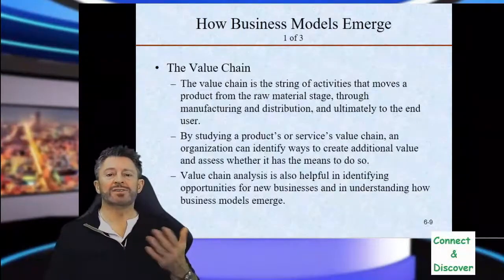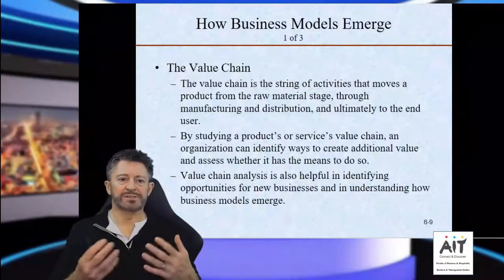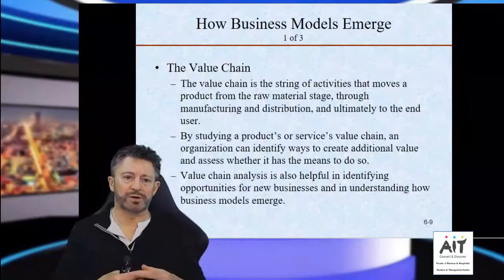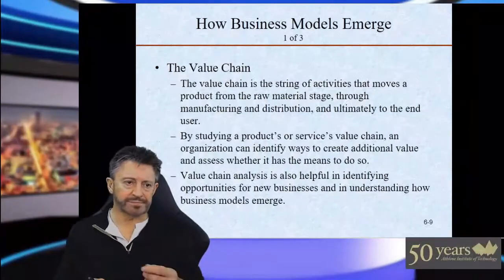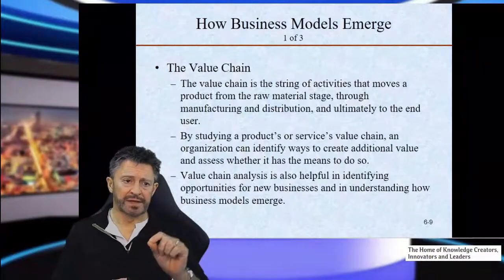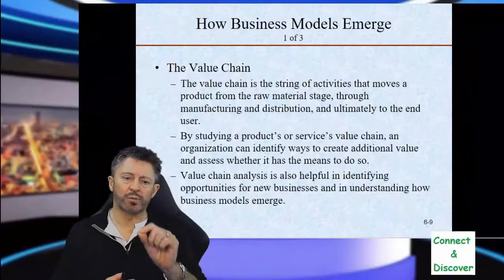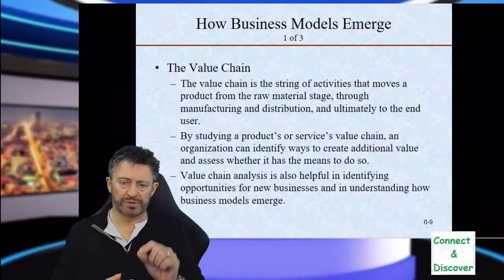So if we go on anyway, the value chain itself. The value chain is a string of activities from raw materials through to manufacturing, distribution, and ultimately to the end user. So by studying a product's or service's value chain, an organization can identify ways to create additional value and assess whether it has the means to do so or not.